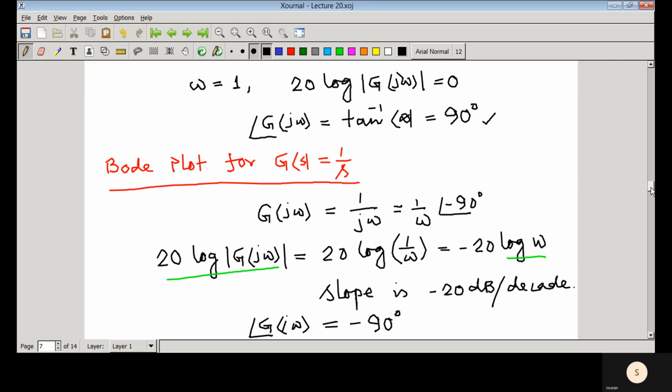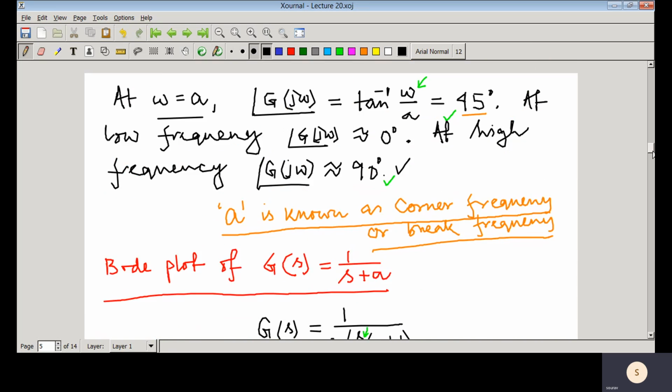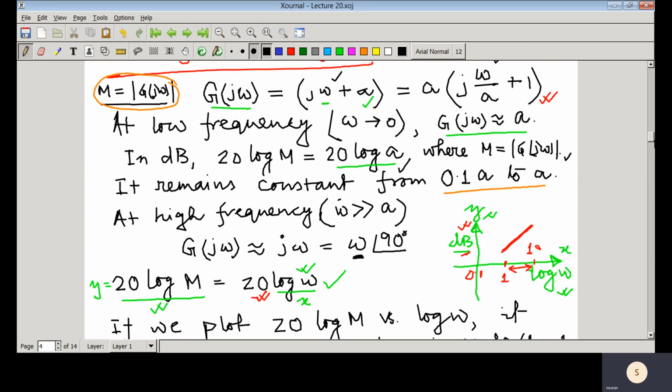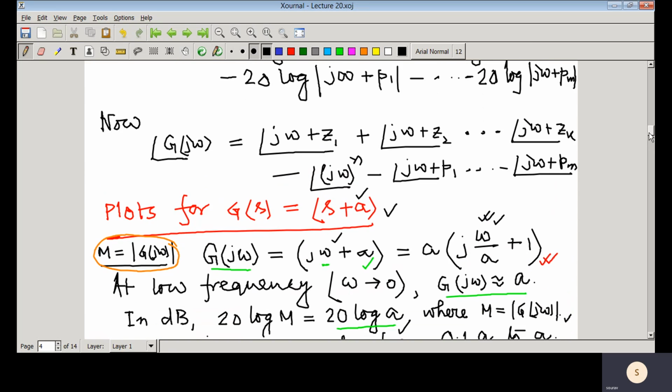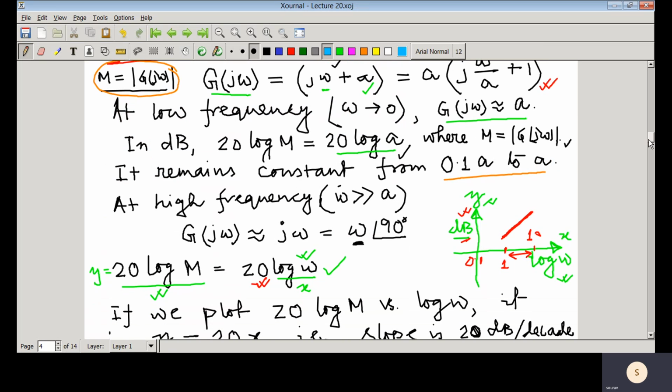So far we have discussed different factors. Whenever we have s plus a, we have seen that when the frequency is small, the gain would be 20 log a, and it remains constant up to the corner frequency a.